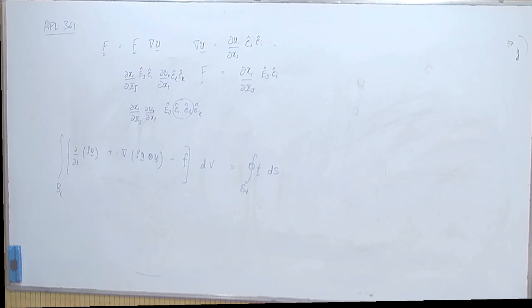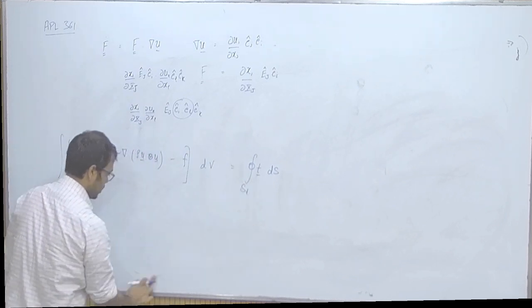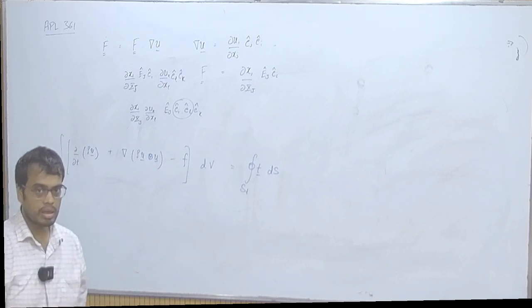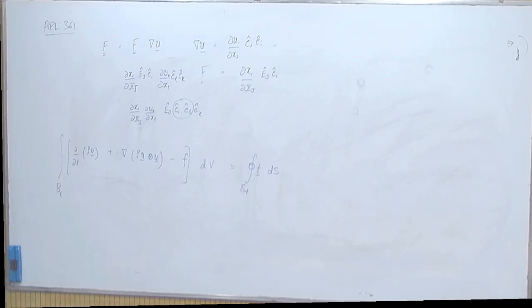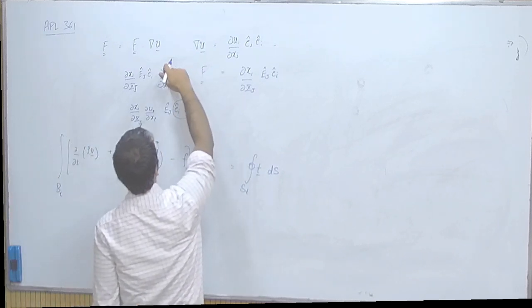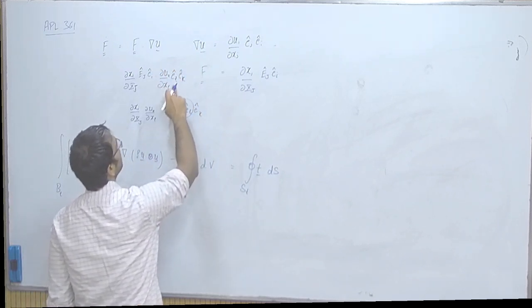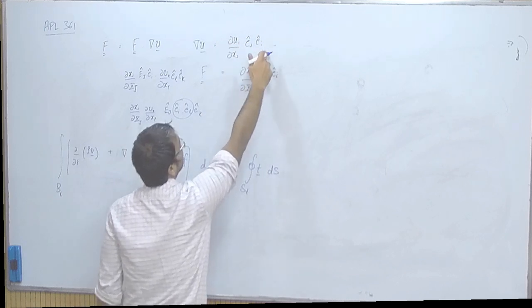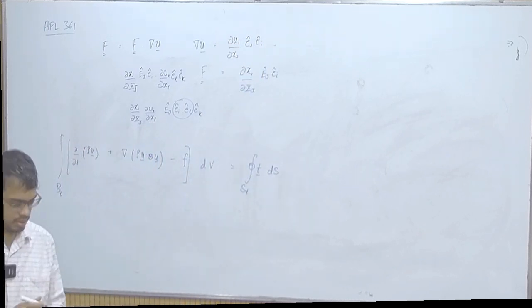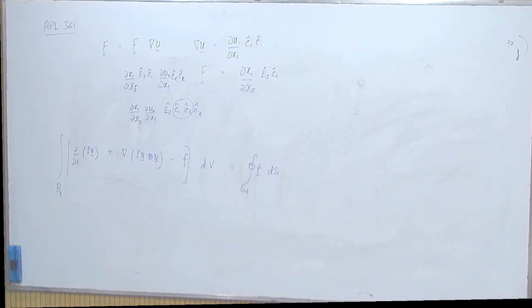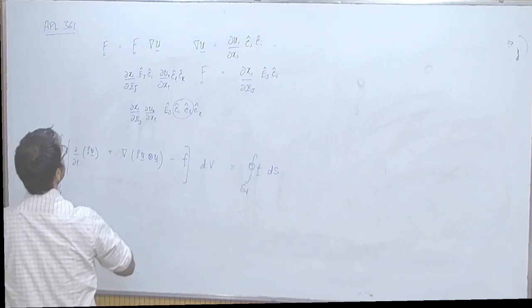Now while looking at this t, because it's the definition, it's del uk by del xl e hat l e hat k. No, no, so this is Fij.